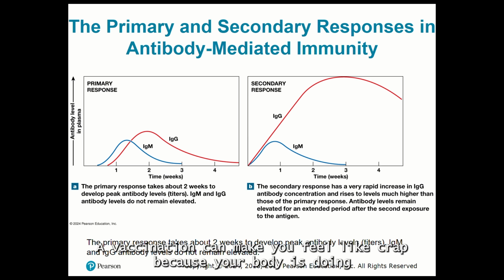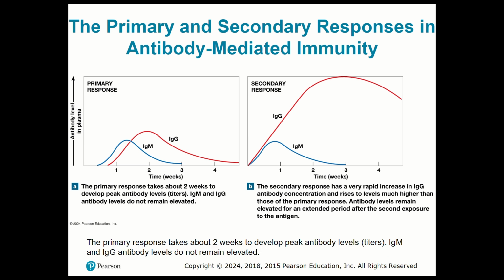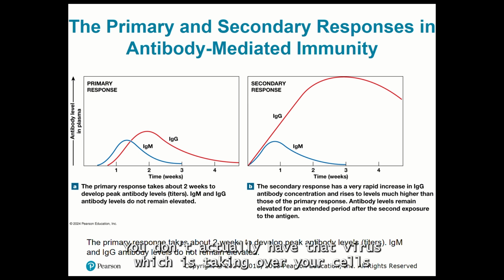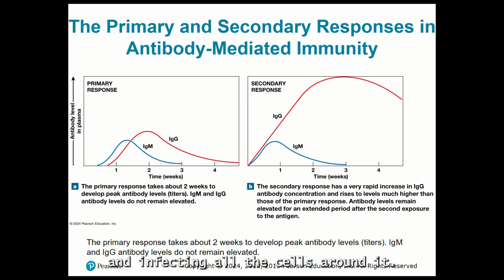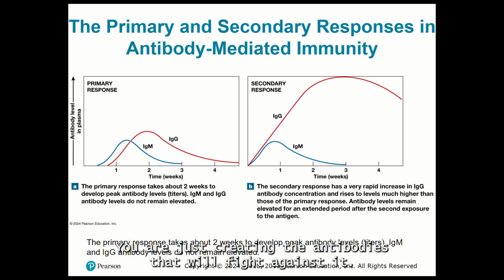A vaccination can make you feel like crap, because your body is doing the same response as if you were infected, but you don't actually have that bacteria in you that's eating away at your cells and producing toxins. You don't actually have that virus which is taking over your cells and infecting all the cells around it. You are just creating the antibodies that will fight against it.